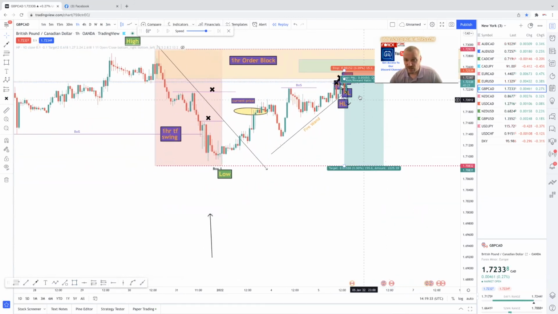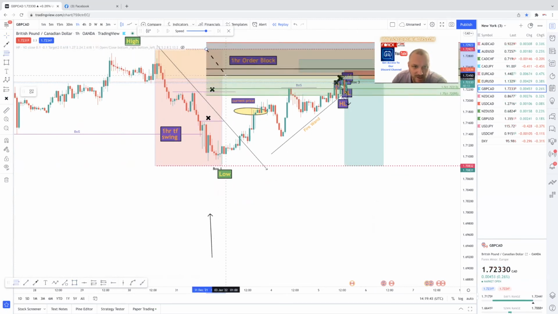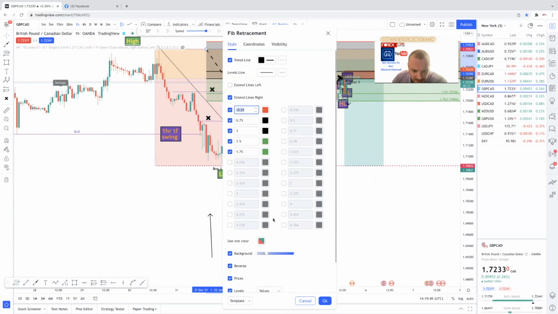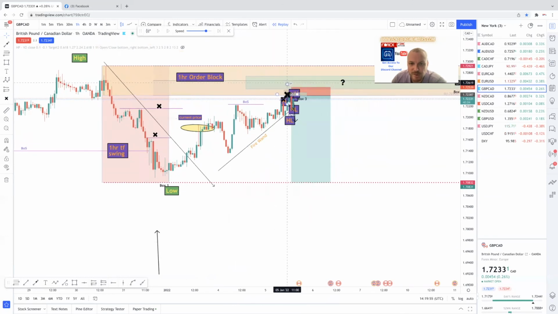Hopefully we will get that drive back to enter us back in. Should I make this any higher? The order block itself, I just want to check one thing. Let's take a look. Just over something else I normally do, the templates. Maybe 50% might be a better option, to be fair.